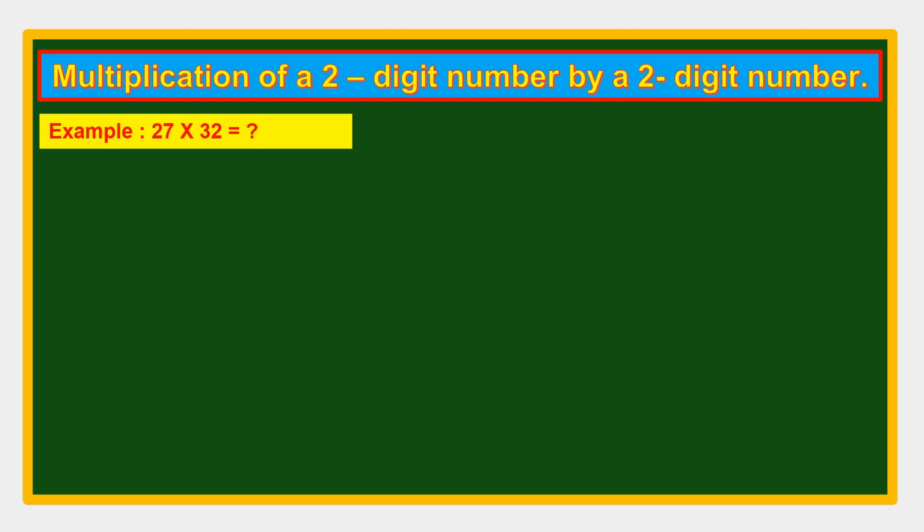What do we call 27? 27 is the multiplicand, right? And 32 is the multiplier.